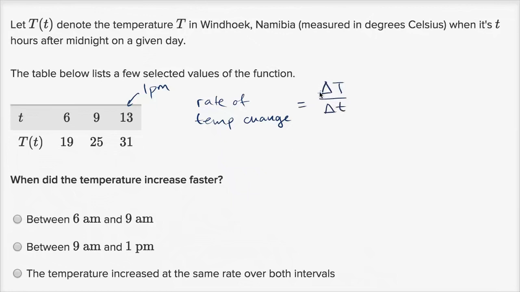And this triangle, that's the Greek letter delta, it represents change in. So change in temperature over change in time. So let's think about what this rate of temperature change is between these different intervals.